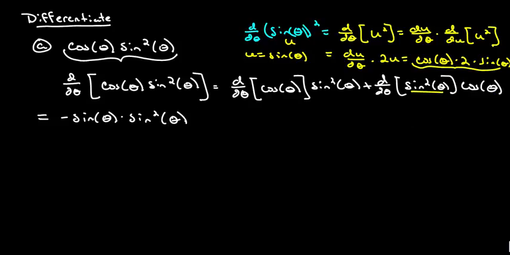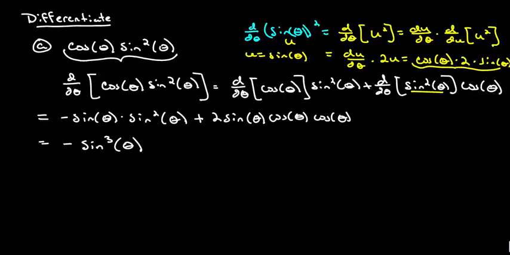So we've got plus 2 sine theta cosine theta times cosine theta. This last cosine theta came from right here. So this right here will be negative sine cubed theta, because I got 2 here, 1 here, plus 2 sine theta times cosine squared theta, just like that.